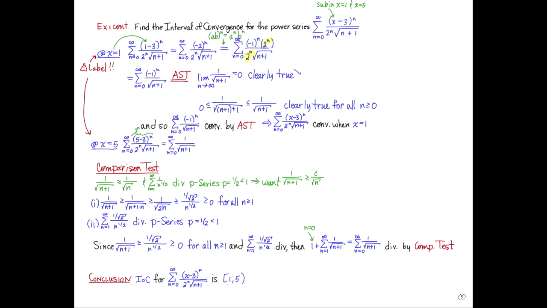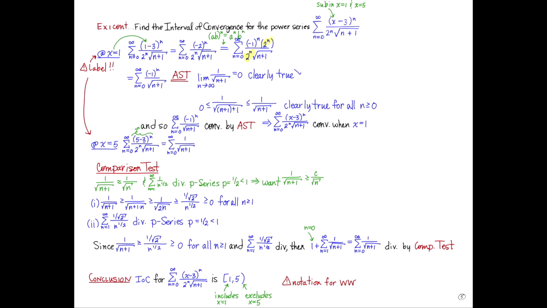Since the series converges at 1, we want to use a bracket. It includes the endpoint 1. And since our series diverges at x equal to 5, we want to use a parentheses there. I know many of you prefer the less than or equal to and the less than notation, but I wanted to teach it this way because you'll need to know this notation for your web work problems.